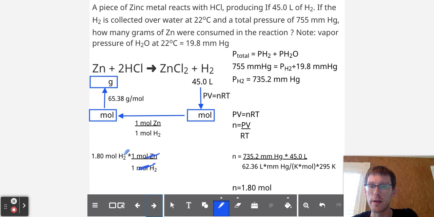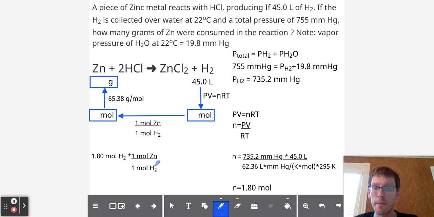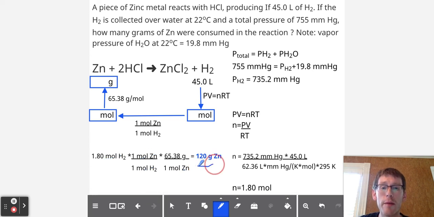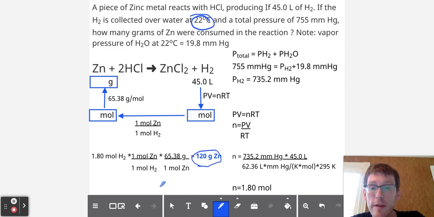We then get to multiply by the molar mass of zinc. And from here, we find that there are 120 grams of zinc with the correct number of sig figs, since we were limited by the 22 degrees Celsius here. So it's going to be 120 grams of zinc.